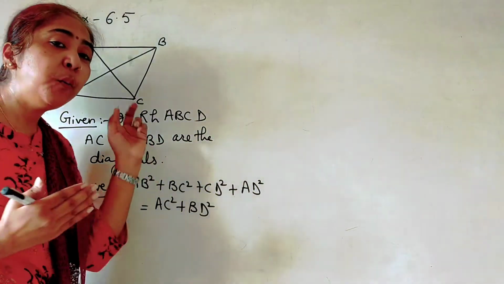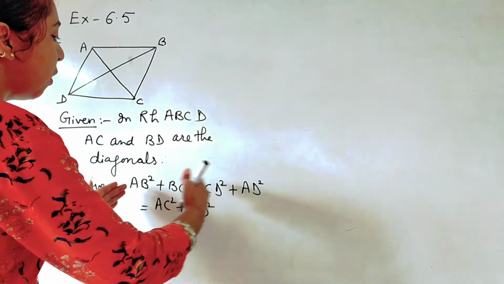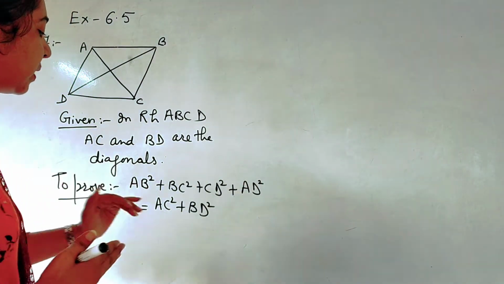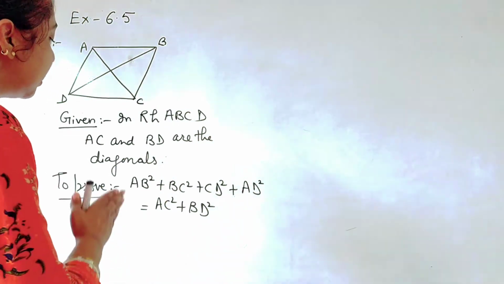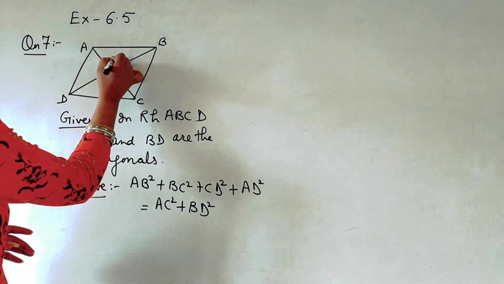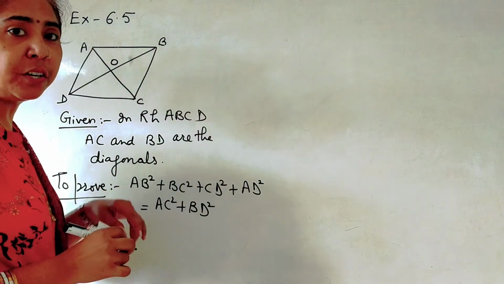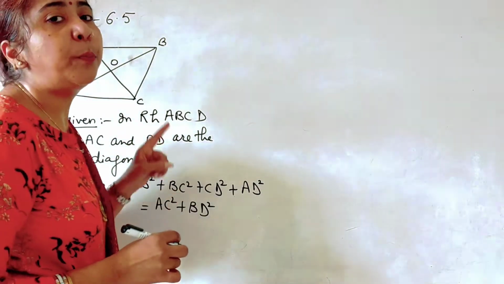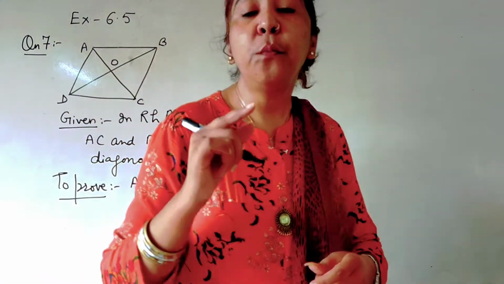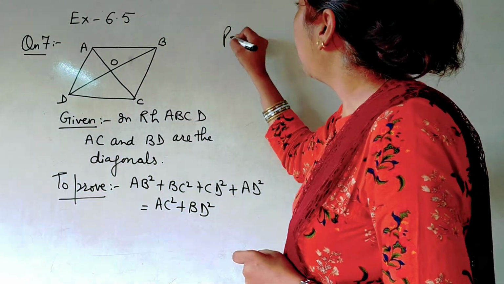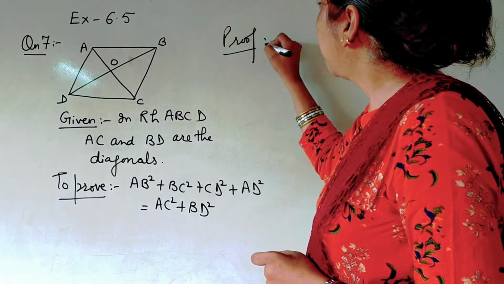So now we have to prove that the sum of the squares of all four sides is equal to the sum of the squares of its diagonals. For proving that, let's say the diagonals bisect each other at point O. We know that we have a property for the rhombus. Now I'm doing the proof.